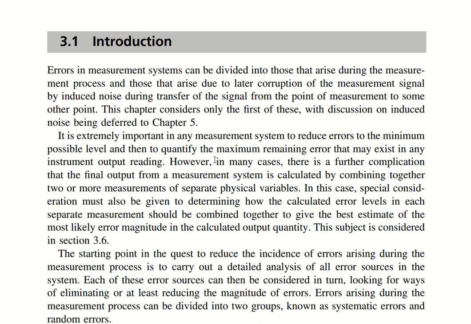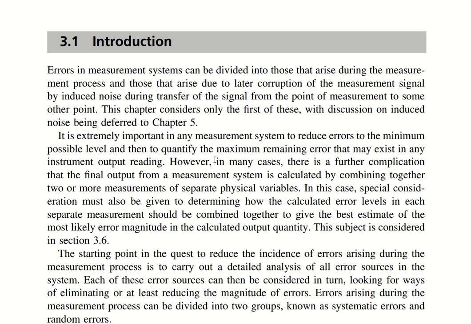So once you identify error, what do you do? You try to either eliminate it or reduce it as much as you can. The starting point in this quest to reduce the incidence of error arising due to the measurement process is to carry out a detailed analysis of all error sources in the system.